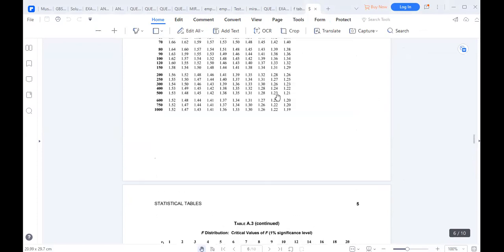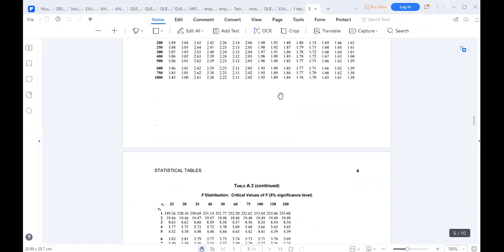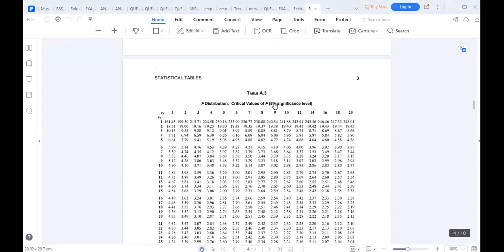I can give you any of these percentages, so be careful. The percentage is the title of the table. So if it's 5%, where 2 and 12 meet, 3.89. That is where our figure is coming from, 3.89.